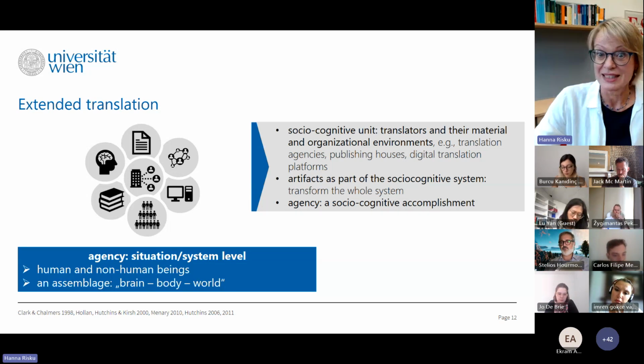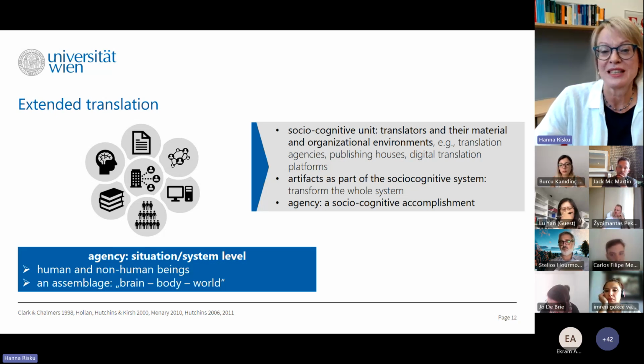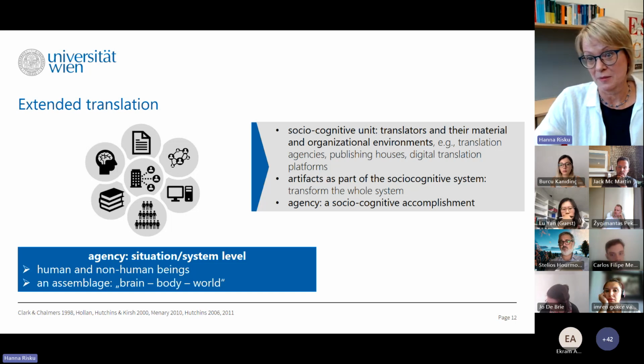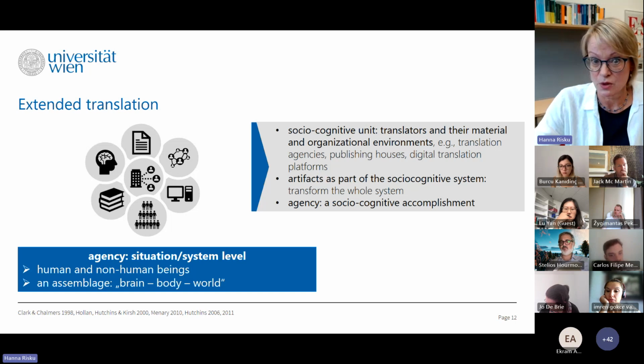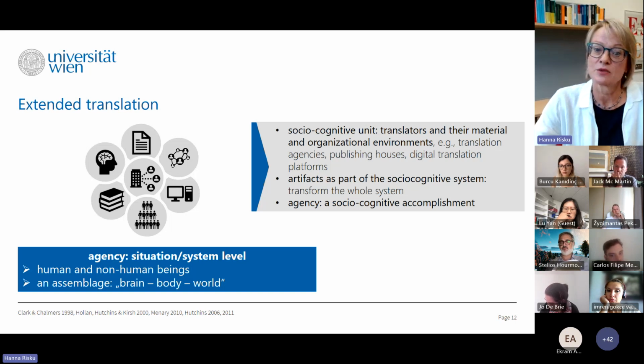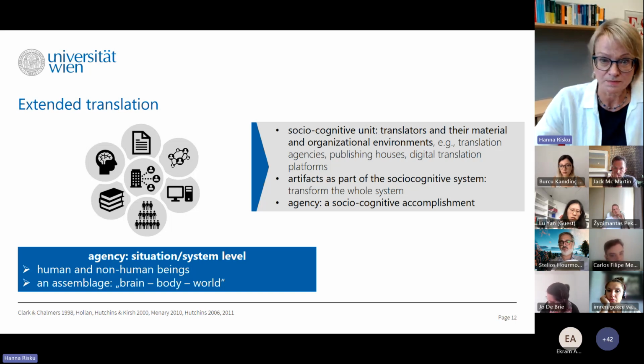Hutchins, for example, studied navigation in ships and airline cockpits, and he argued that ships and cockpits as activity systems have cognitive properties of their own that go beyond those of the individuals who participate in them. And of course, here artifacts play an active role. They are an integral part of the cognitive unit itself. This is also something that I mentioned yesterday in my first lecture.